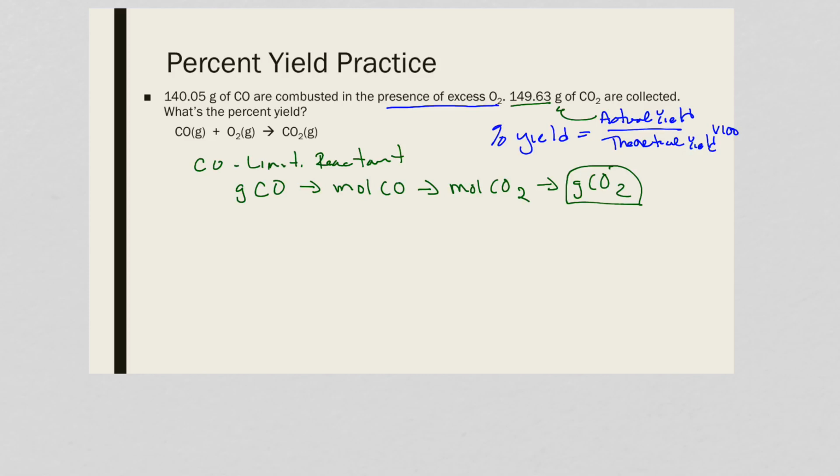So let's double check. So we got carbon, carbon. But look, we only have 3 oxygens on this side, and only 2 on this side. So how can we do that? Well, be a little tricky, right? Because we got 3 and 2, so the lowest factor there is going to be 6.